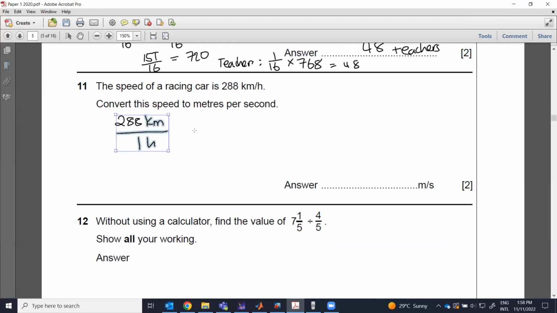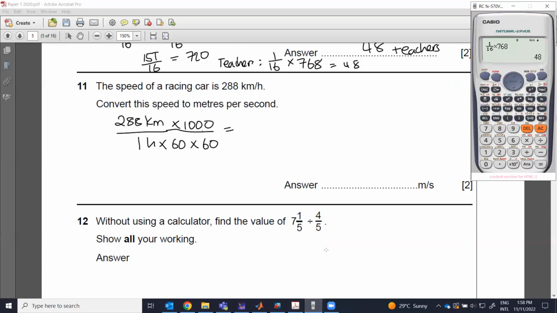If you want to convert kilometers to meters, multiply by 1,000. So the numerator I'll multiply by 1,000, and then converting an hour, first you convert to minutes by multiplying by 60, and then the minutes to seconds, you multiply by 60 again.